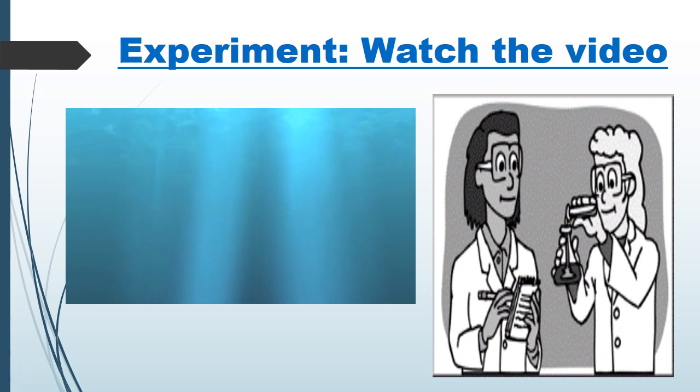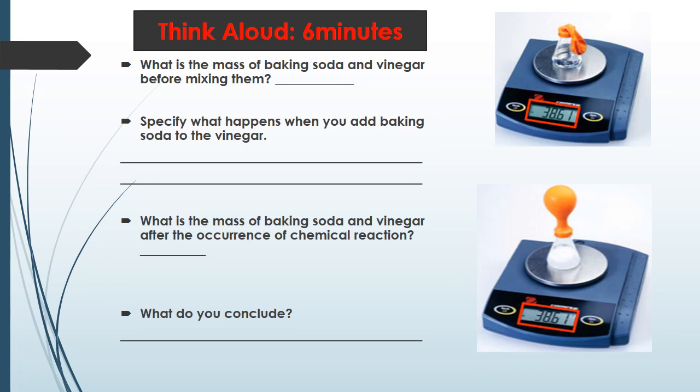So after watching this video, we noticed that the mass of the reactants remains the same at the end of the experiment, 142 grams. We conclude that mass is conserved. Think loudly. What is the mass of baking soda and vinegar before mixing them?